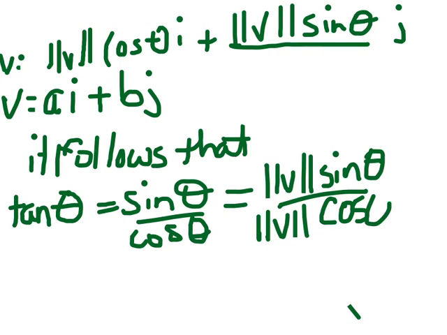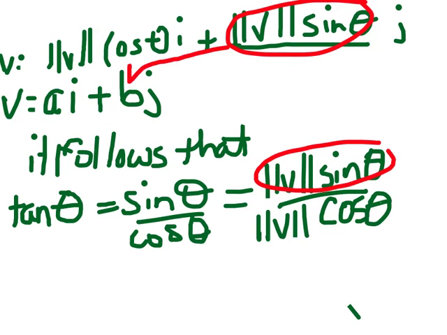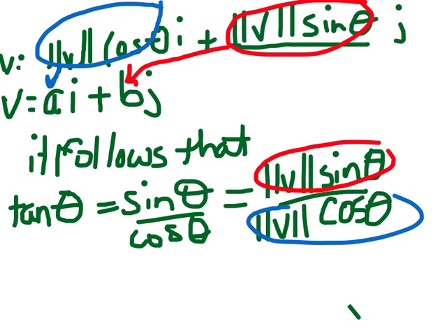Isn't all this right here just the number in front of the j? And isn't all this right here the number in front of the i? So I could put these two things on top of each other. The v's would cancel out.